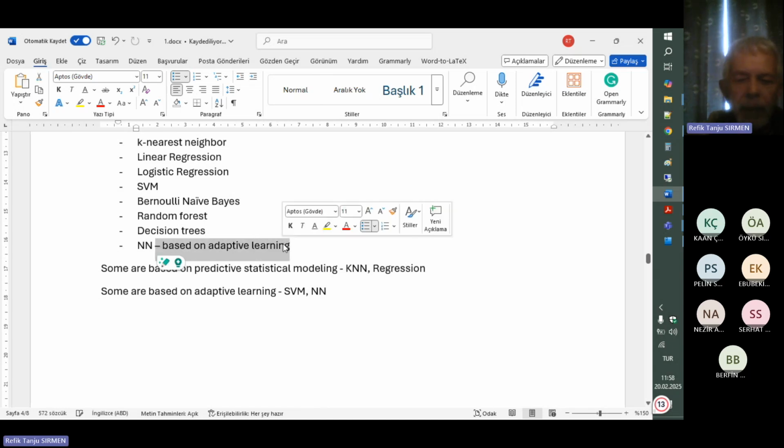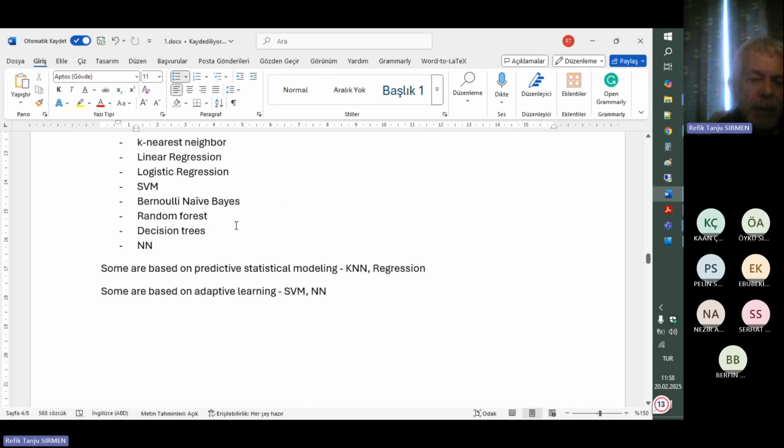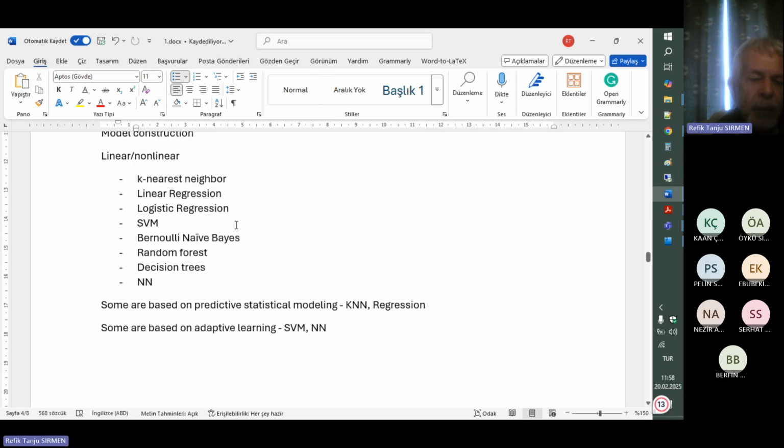But some of these algorithms are mainly based on predictive statistical modeling, like k-nearest neighbor or regression. But some of them are adaptive learning algorithms, like support vector machines. We're going to talk about them one by one during this semester.